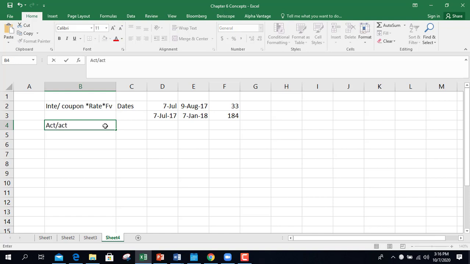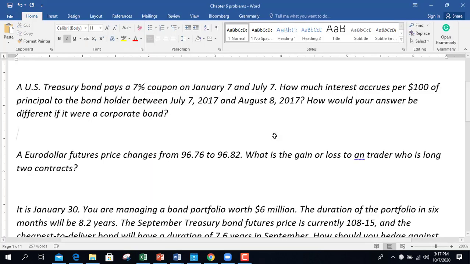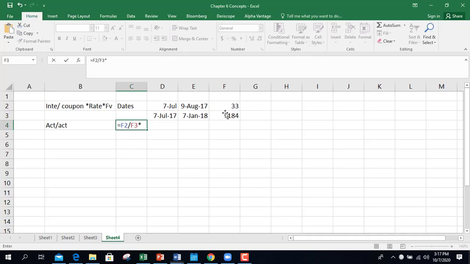That's the term that we are going to use. So it will be actual days, 33 days, divided by 184, times the interest rate of 7% semi-annual, so divide by 2, multiplied by face value $100. The interest that you get is somewhere around $62.